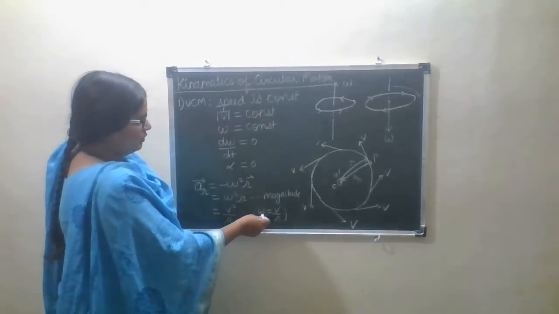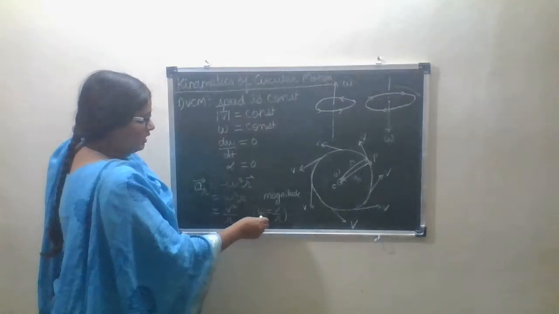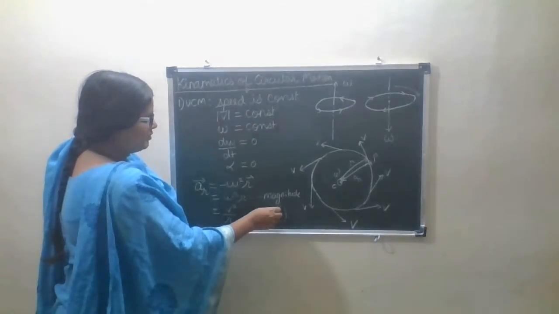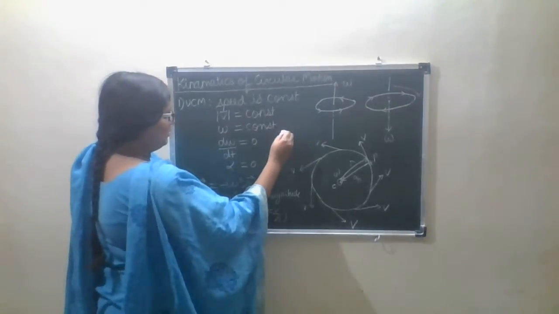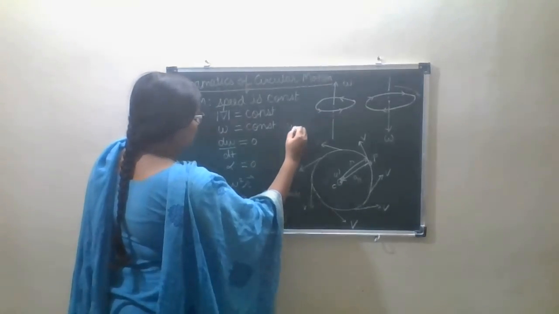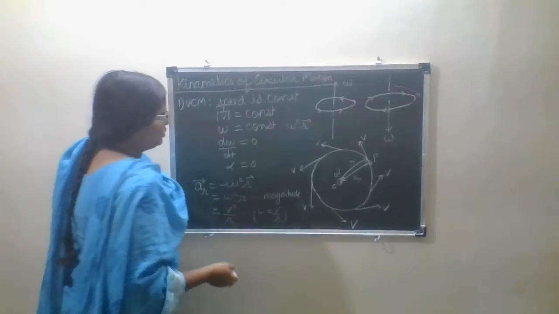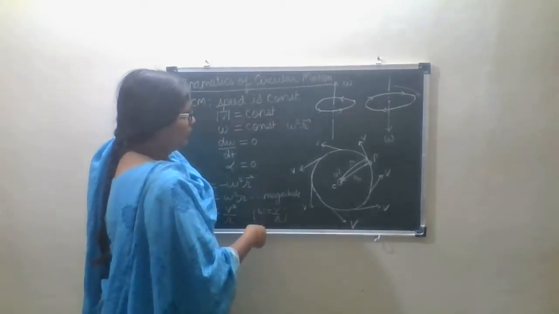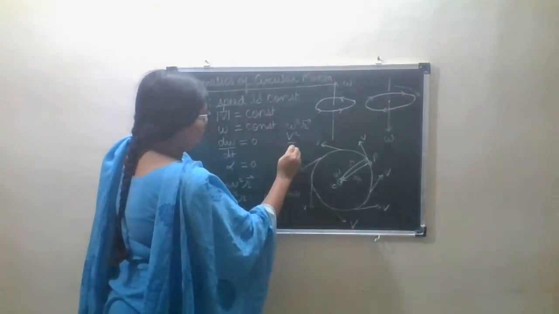From the relation v is equal to omega r, we can write omega as v upon r. Substituting omega as v upon r in omega square r, it will become v square upon r.